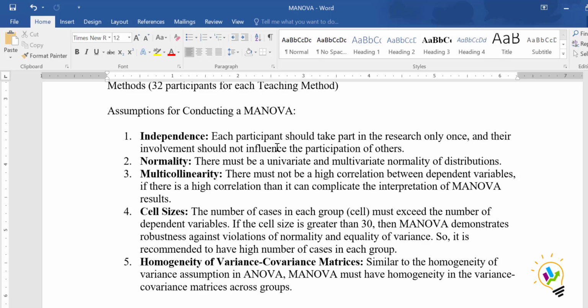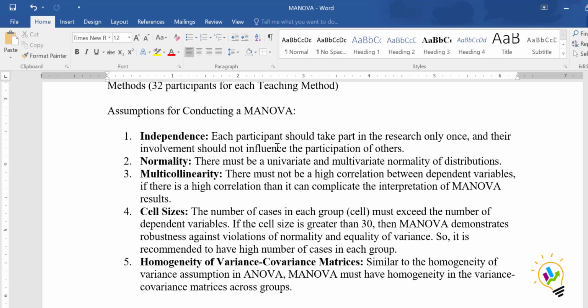There must be univariate and multivariate normality of the distribution. We have dependent variables which are scale data, so we need to do a univariate normality test and we will do a multivariate normality test, and the system says these normality assumptions must be fulfilled before doing the MANOVA test.